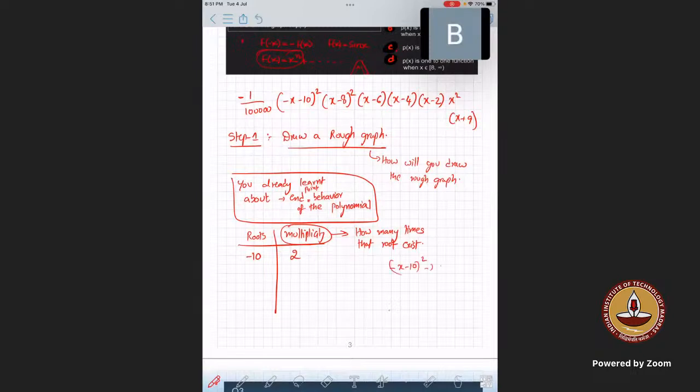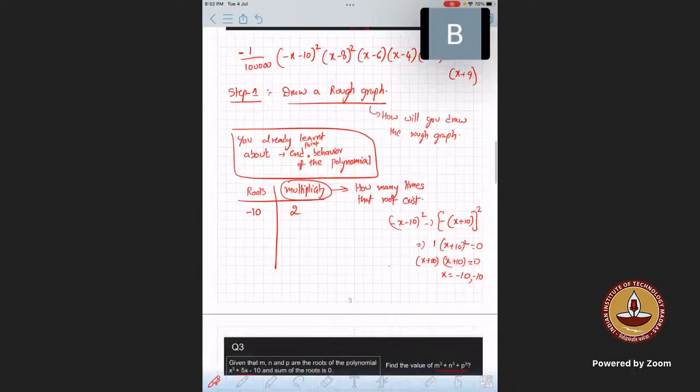Take minus common: minus times x plus 10 whole square. Minus 1 square is 1, and x plus 10 whole square. If we equate this to 0, x plus 10 into x plus 10 equals 0. So x equals minus 10, minus 10. Agree? So the multiplicity is 2.